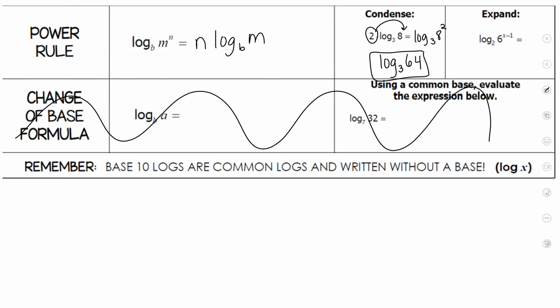So this will just become log base 3 of 64. Now we're going to expand using the power rule. This exponent can come to the front and be the coefficient. So this x minus 1 will be in the front, and then you have log base 2 of 6.